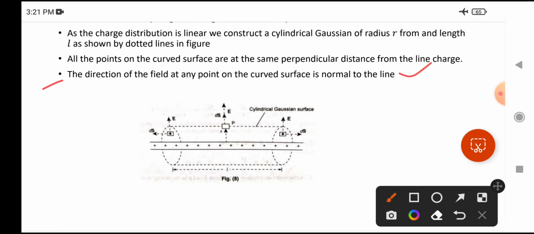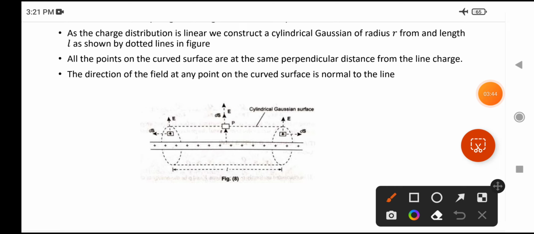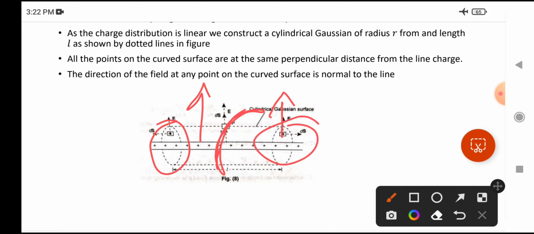Normal means perpendicular to the line, or which makes 90 degrees. So if you observe the field direction, on this side the field is like this, and on this side also like this. But actually we have to calculate the electric field at three different points: on the left end, the right end, and on the curved surface of the Gaussian cylinder.